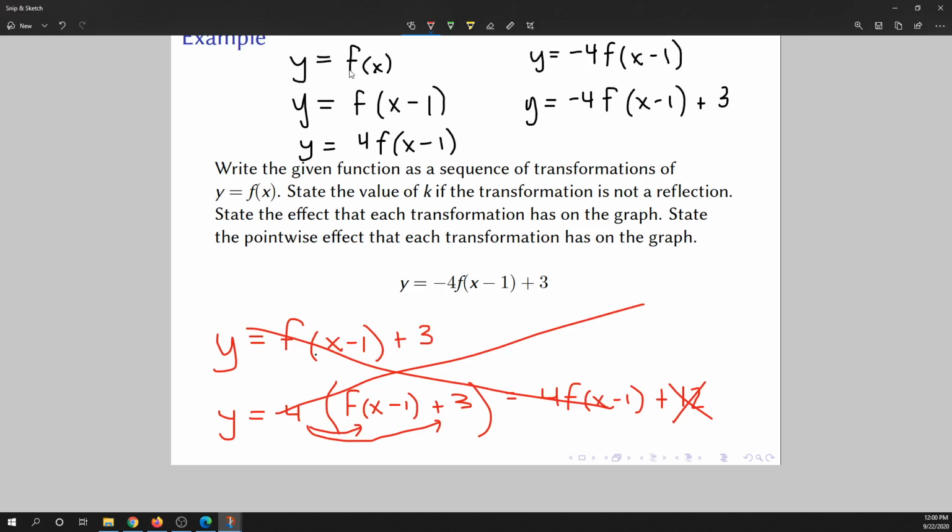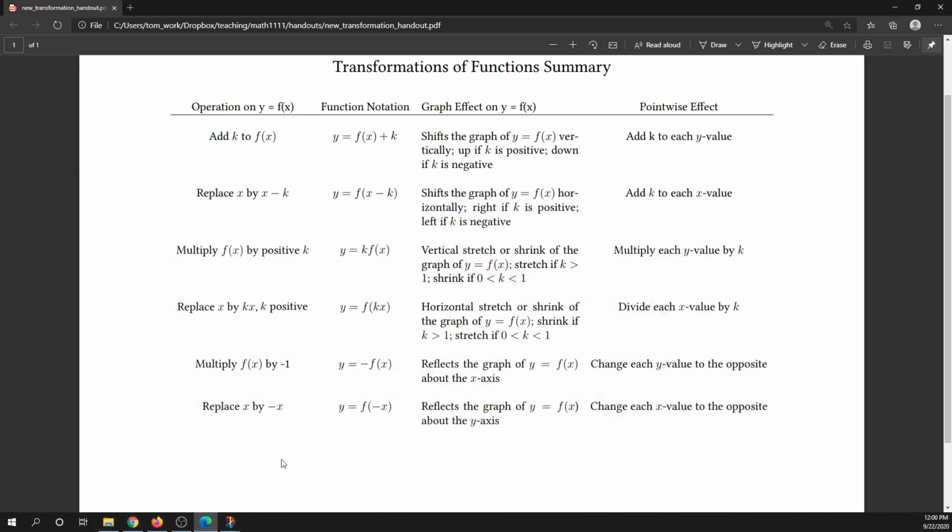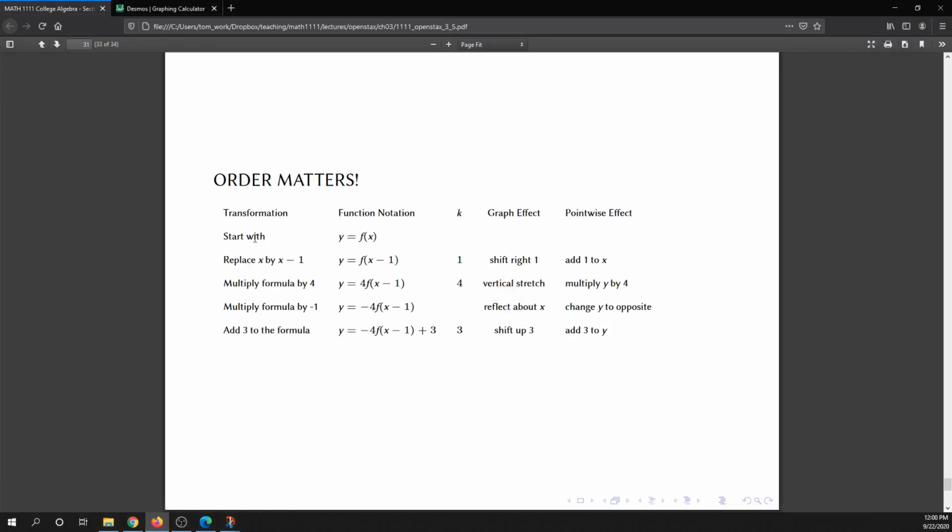All right, so here are my sequence of transformations that I made on the graph, and I have those written down here. So I started with y equals f of x, and then I applied these, and I wind up with the function that I want.